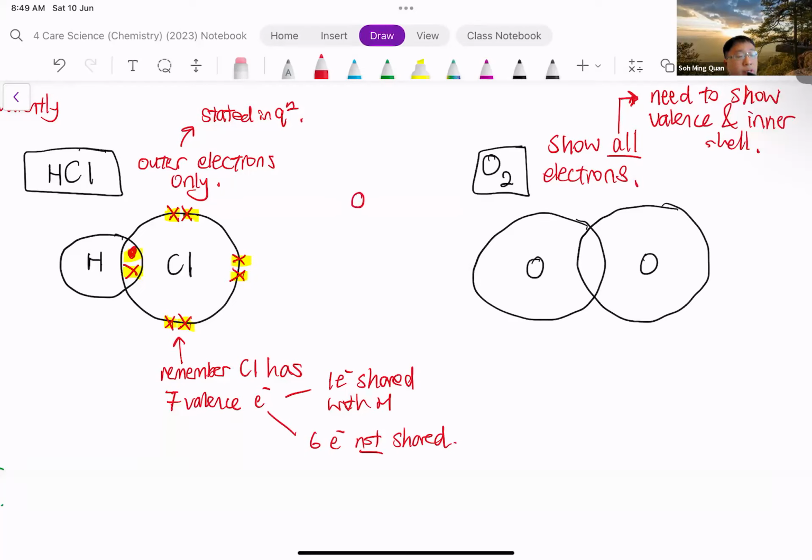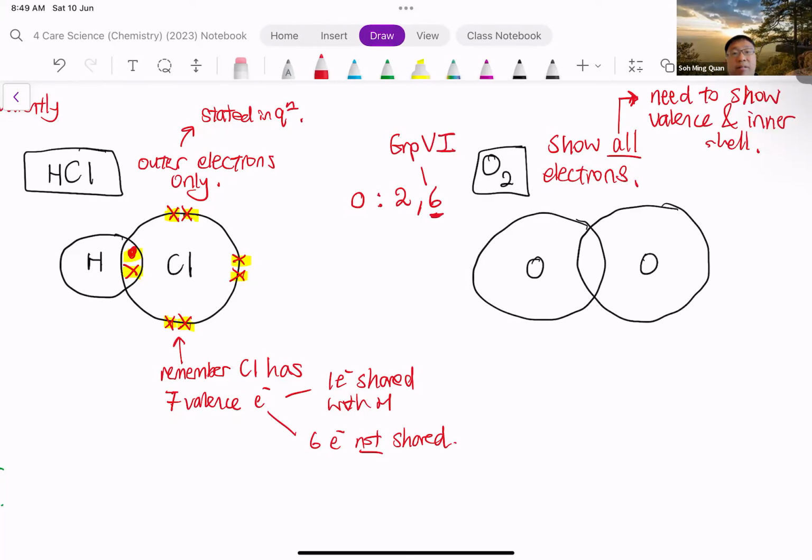The way to do this is to do some working. First, we consider an oxygen atom. An oxygen atom has 8 electrons, meaning the electronic configuration is 2, 6. It has 6 valence electrons, which makes full sense because oxygen is found in group 6.